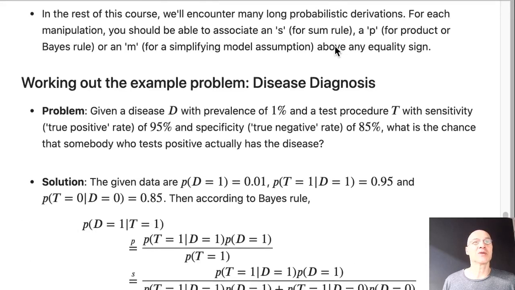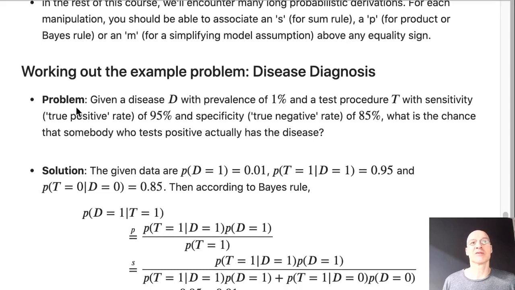What I'd like to do is work out an example. It's a pretty famous problem. There's a disease, here called D, though not the same D as in the previously mentioned formula, with a prevalence of 1%, which means that in general this disease occurs in 1% of the population.